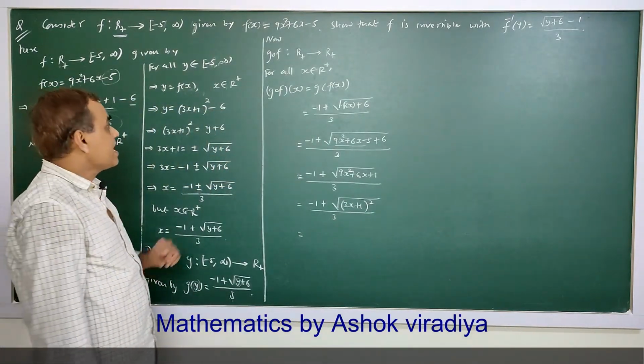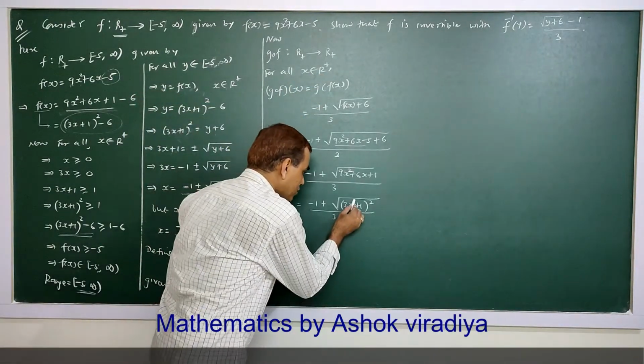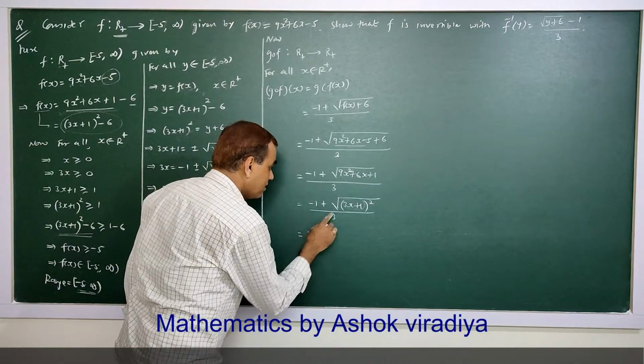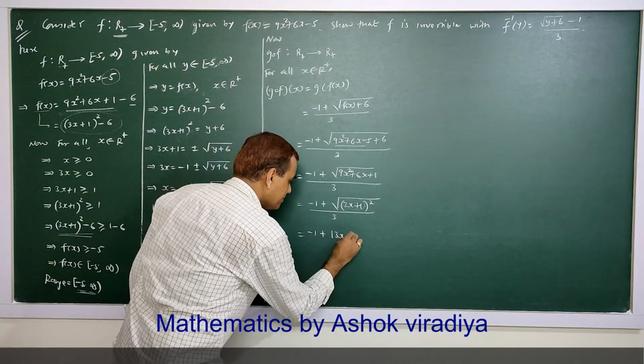But x is non-negative, so 3x plus 1 is non-negative. Therefore this can be written using root t square is modulus t.